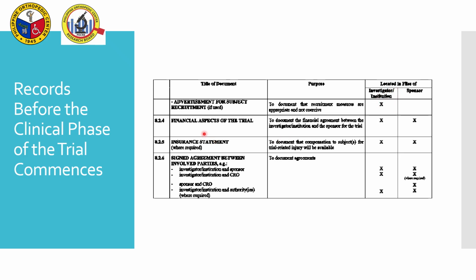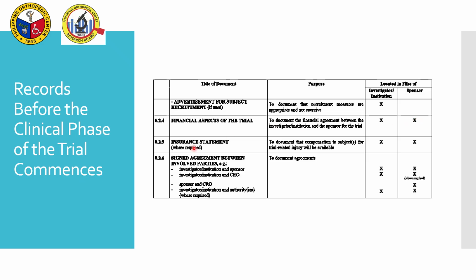For the financial aspects of the trial, this document outlines the financial agreement between the investigator or institution and the sponsor. It's essential for transparency and is required to be held by both the investigator and the sponsor.